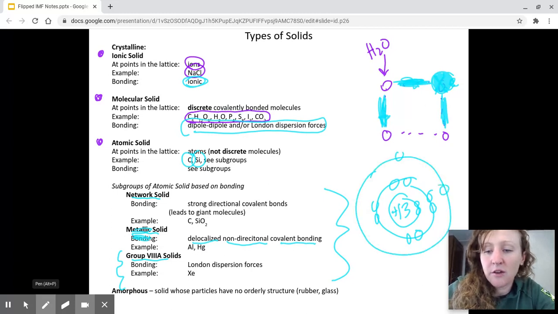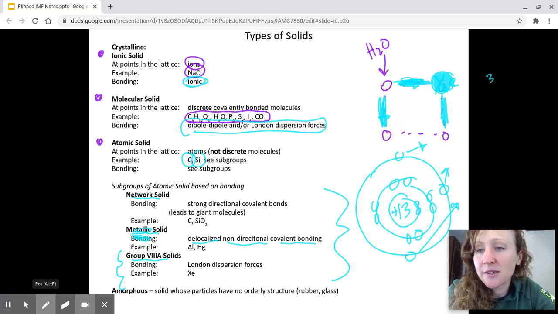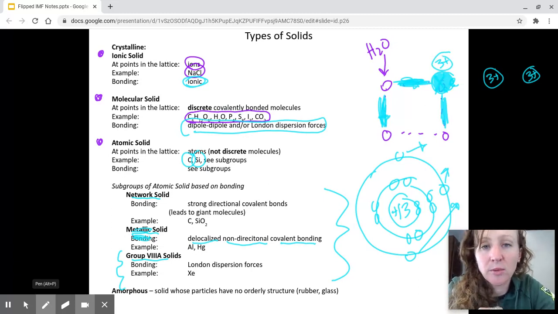Okay, for metals, what they do is they actually give up these valence electrons to the group. And so you get these cations, right? If aluminum loses 3 valence electrons, it's now going to be a 3+ charge. So you get these cations at the point in each lattice.